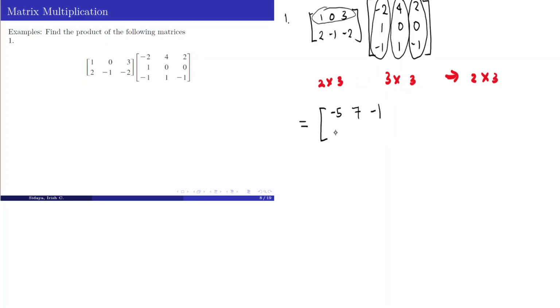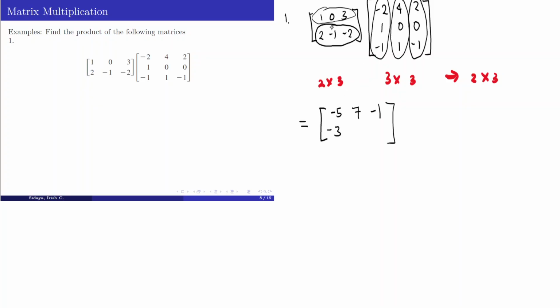And then for the second row of our resulting matrix, remember we have two rows for the resulting matrix. So for this row, we multiply the second row times the first column. So that's negative 4 and then negative 1. So that's negative 5. Multiply this, that's 2. So we have negative 3.